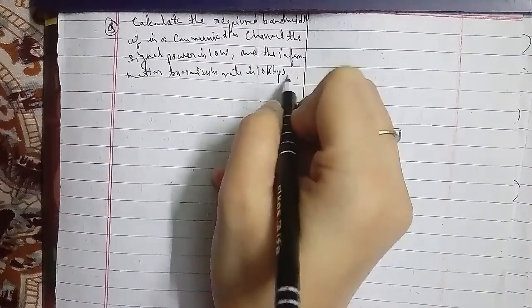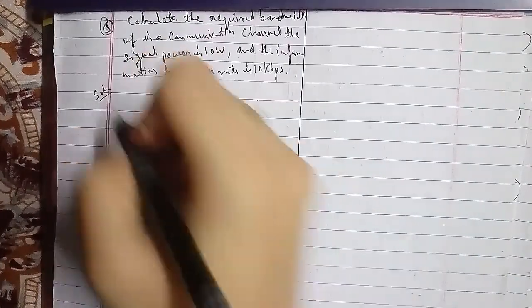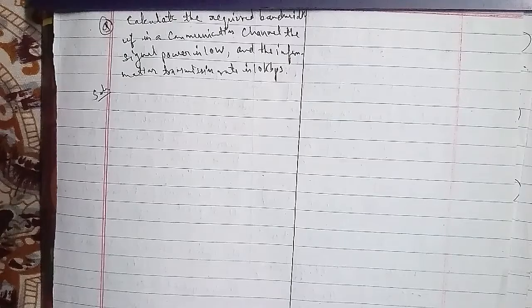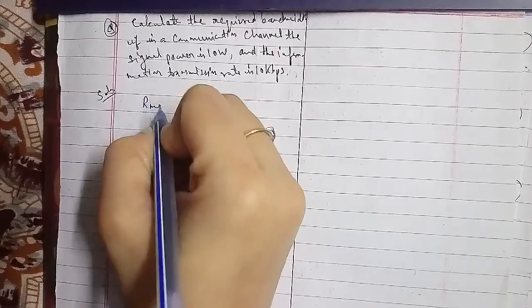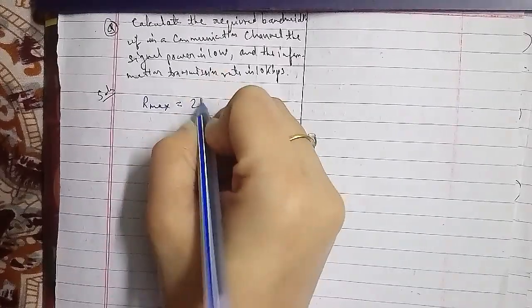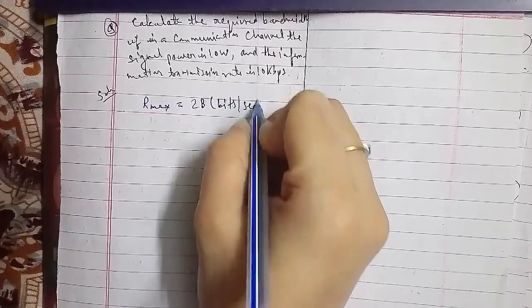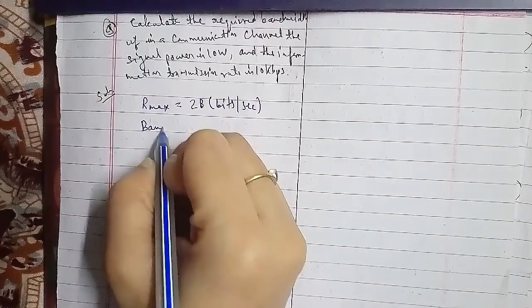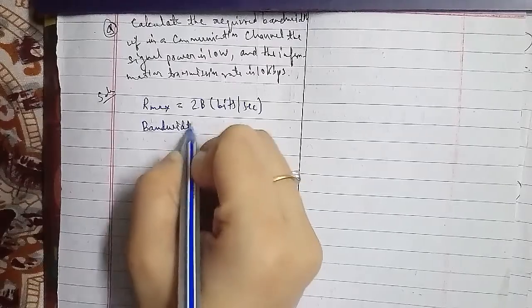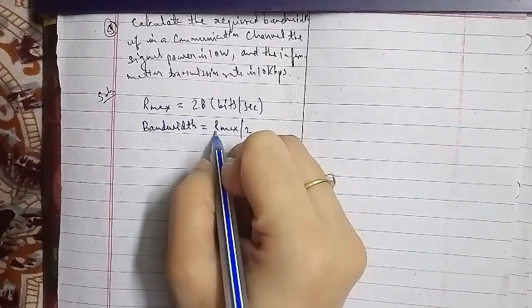The bandwidth equals R max by 2, which equals 10 kbps by 2, and that is 10 into 10 to the power 3 divided by 2, and so the bandwidth equals 5 into 10 to the power 3 Hz here.